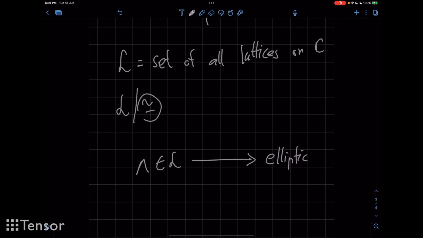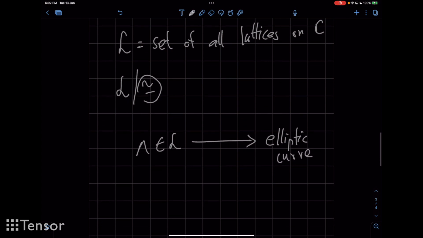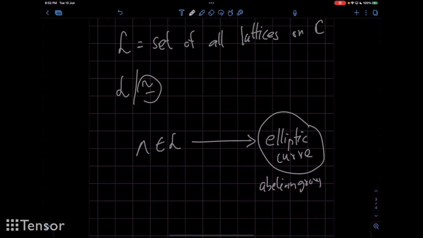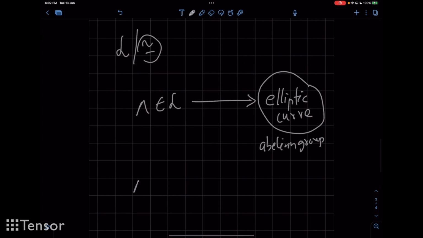Elliptic curves have an abelian group structure, and basically if this lambda corresponds to an elliptic curve E, then the abelian group of this elliptic curve is isomorphic to this quotient group.